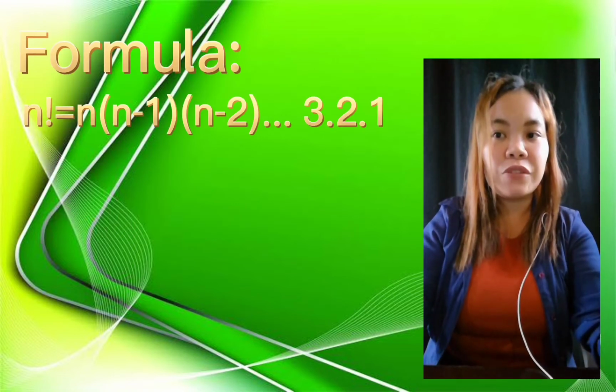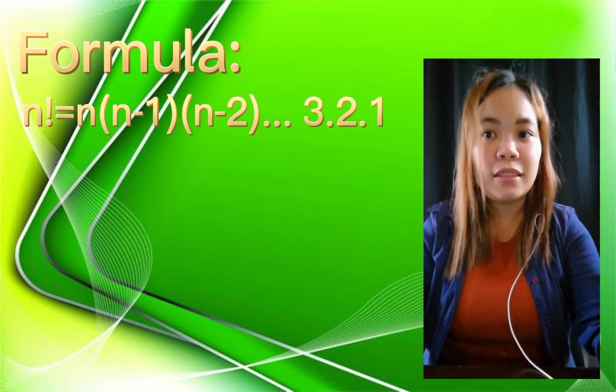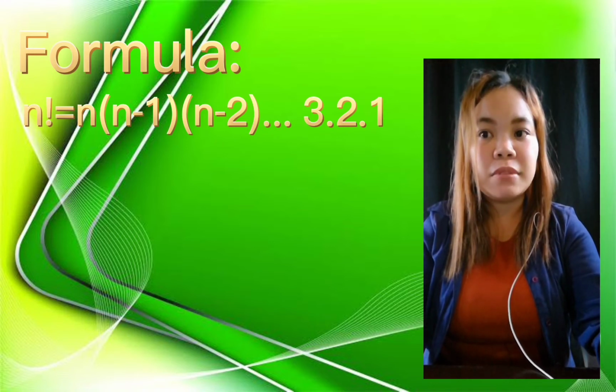Our formula for factorial notation is n factorial is equal to n times n minus 1 times n minus 2, and so on. Now, I will teach you how to use this factorial.